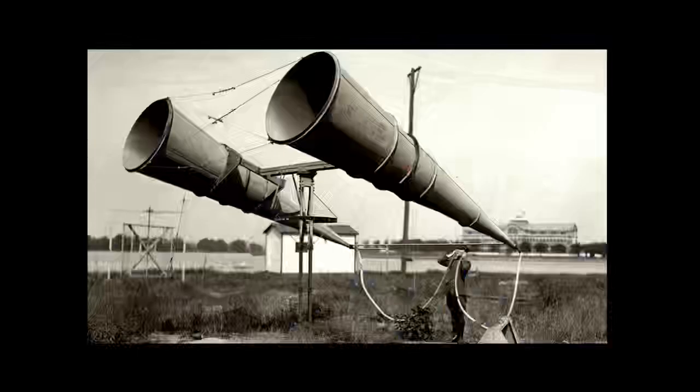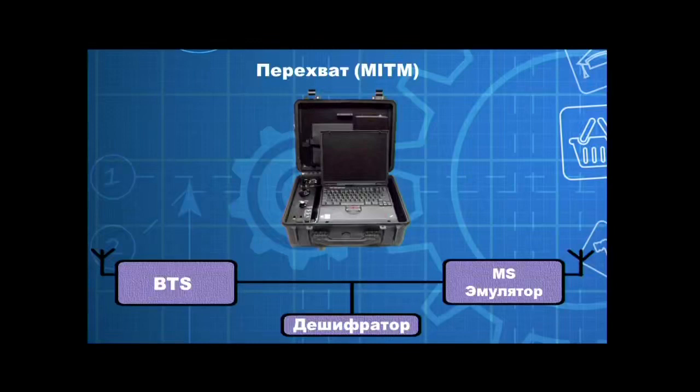So what the intruder can do using this vulnerability, first of all, is hear what we say over the phone. In order to do the interception, we will have three blocks: the virtual base station, the decryptor, and the emulator.